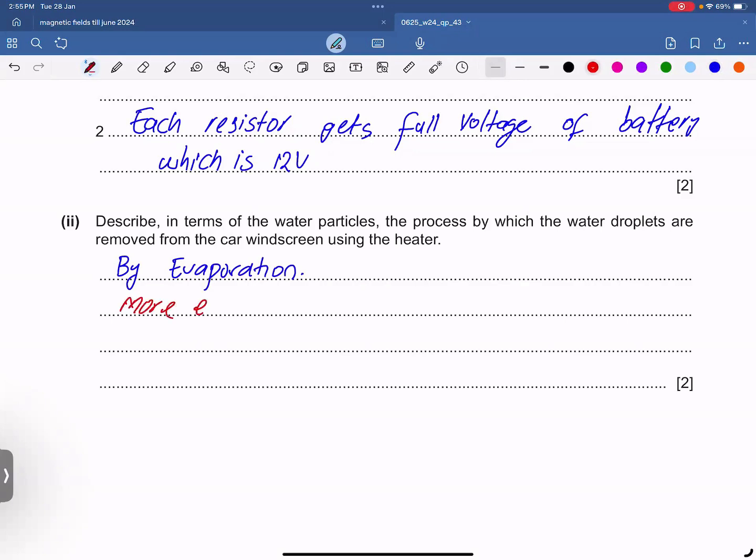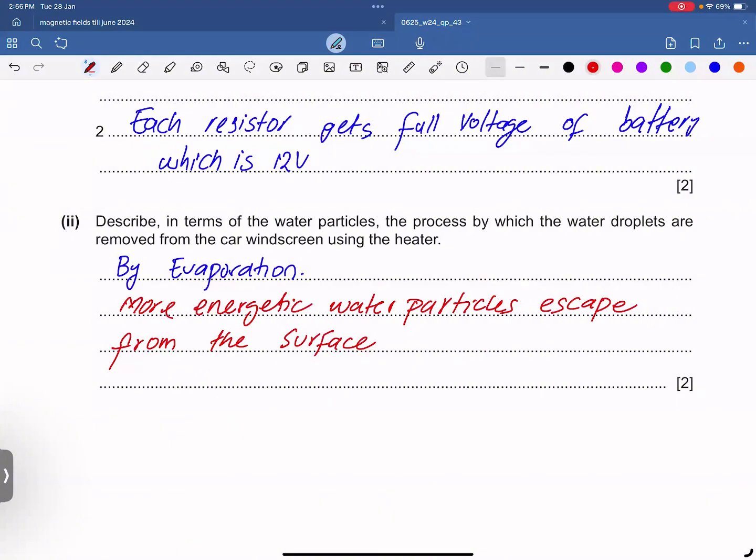More energetic water particles escape from the surface, by absorbing thermal energy from the heater, or by gaining energy.